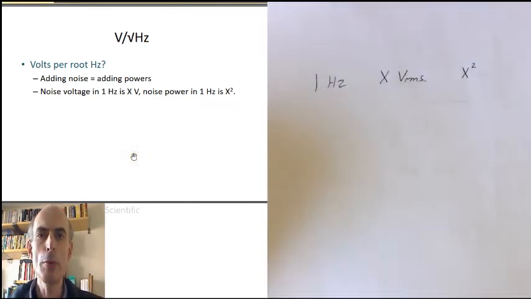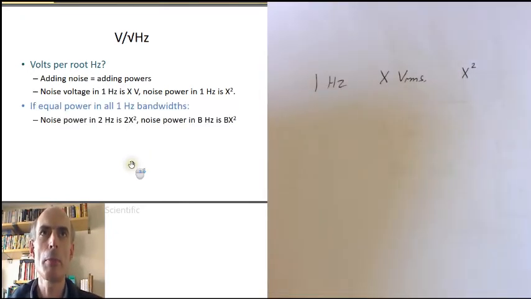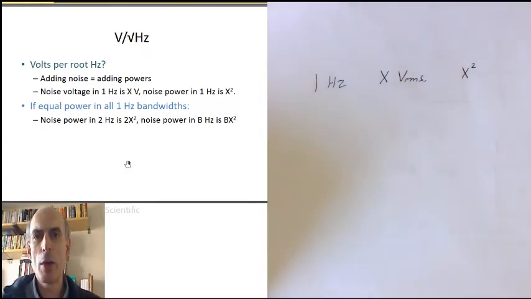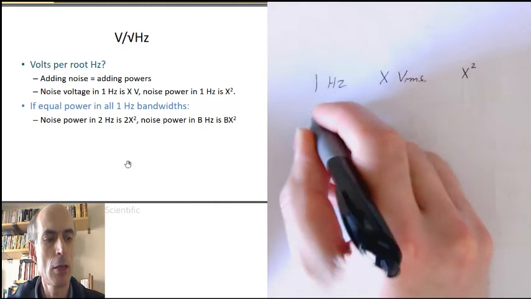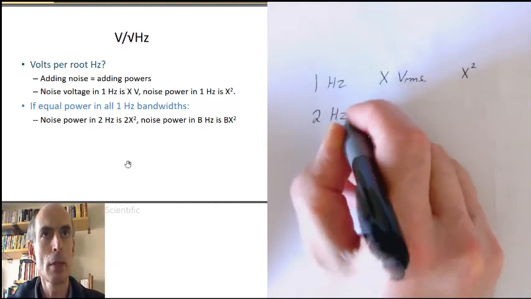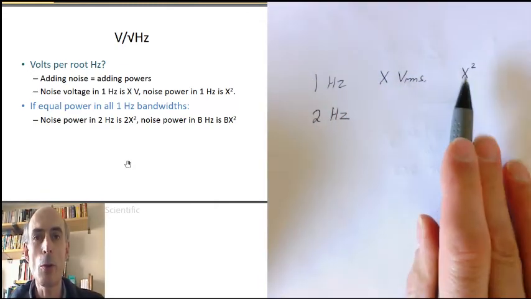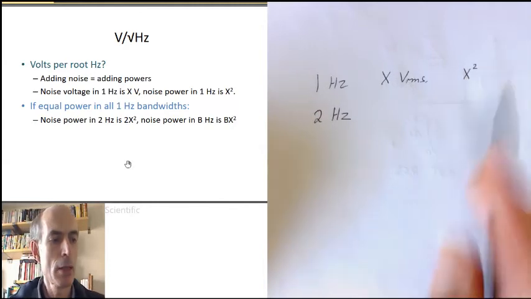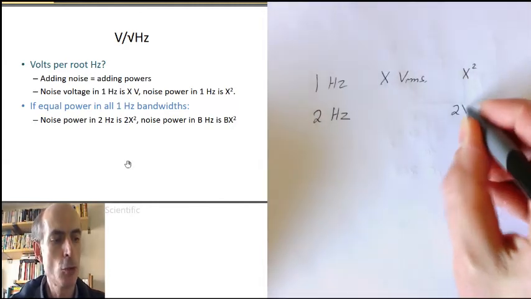So, if we can assume that there is the same amount of noise in all 1 hertz bandwidths, which is another way of saying the noise is white, again, more about that later, then we could say that the noise in 2 hertz bandwidths, bear in mind that we have to add powers, not voltages, would have a power of 2X squared.